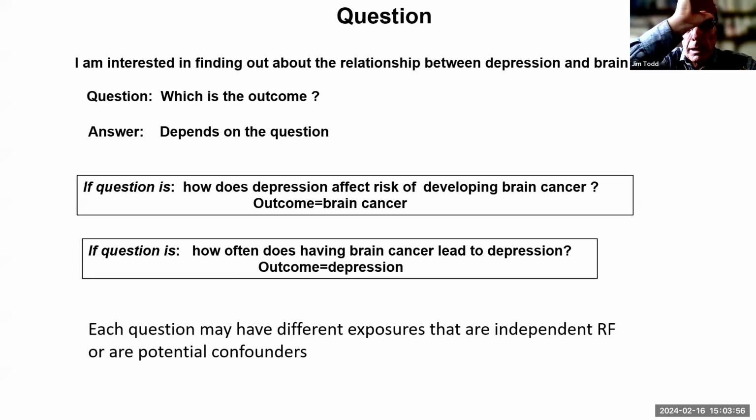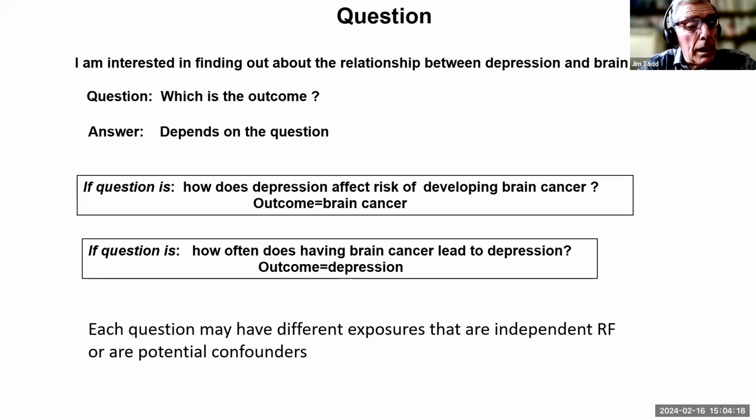The other is, let's look at our outcome being depression. Do people with brain cancer have greater levels of depression? So we can have two different questions, two different studies, looking at the direction of the causality between these two conditions.